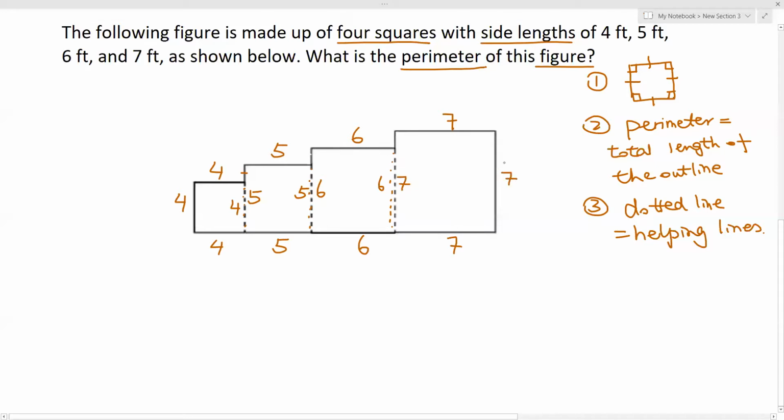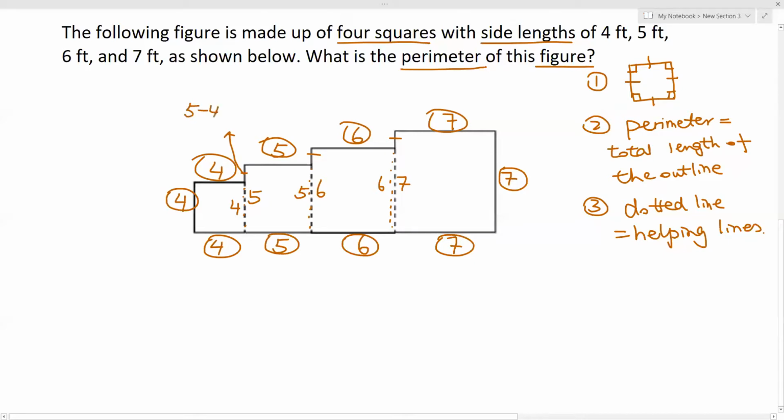Now let's see. We need to count all the solid lines. And don't forget these little sections, right? So we need to count every number that's circled and also these 3 little sections. And let's take a look at the first section. The first section here is really just the difference between 5 and 4.